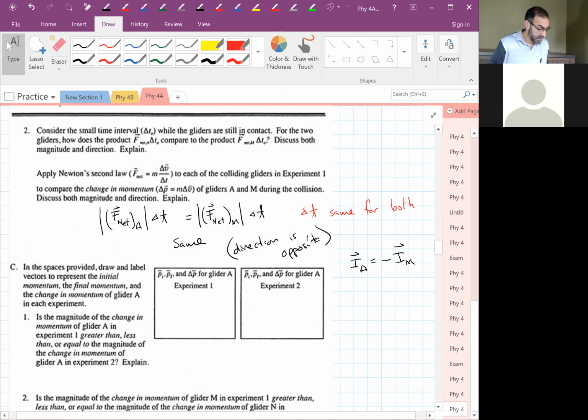Okay, so it says, draw and label vectors to represent the initial momentum, the final momentum, and the change in momentum of A in each case.